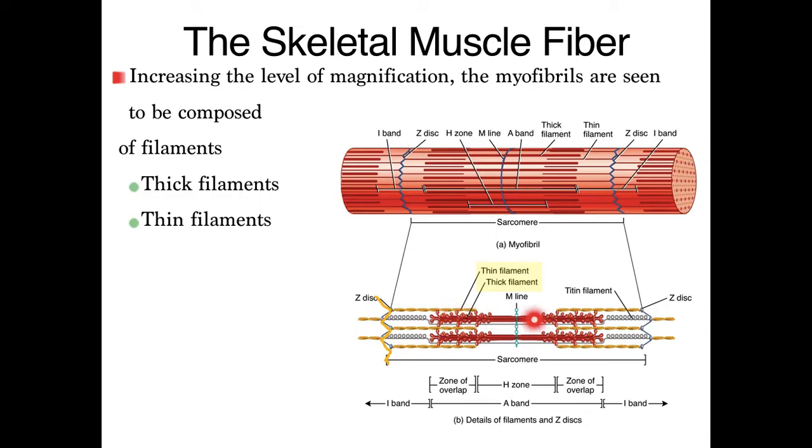In the middle here, we have the thick filament. So all of the thick filaments, just like all of the thin filaments, are held into place by the Z-disc. The thick filaments are all lined up and held into alignment by a set of proteins that make up what's called the M line that runs through the middle of them.